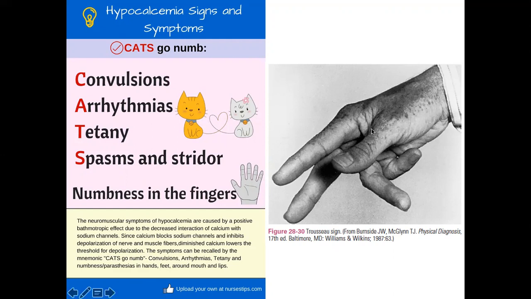That's the characteristic appearance of a Trousseau sign. It's also a sign of hypocalcemia. And of course, you have your seizures, tetany, and arrhythmias, especially in severe cases of hypocalcemia. But the most common manifestation is just simple numbness in the fingers, as well as in the perioral area.